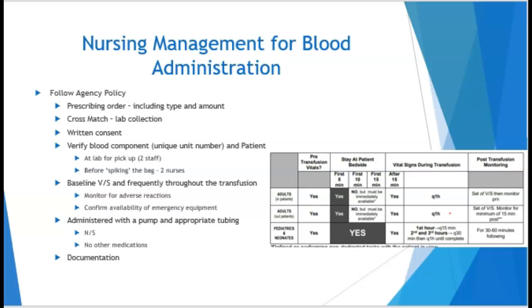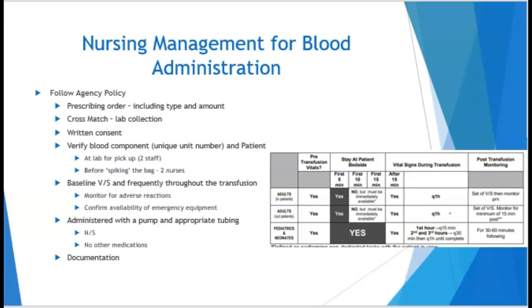We would also need to make sure we have that written consent, and each agency would have the rule around who can sign the consent and those types of things. And then there are a few verifications to make sure that we have the right product.